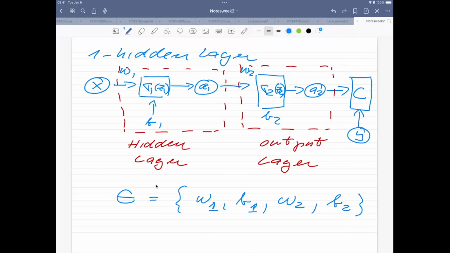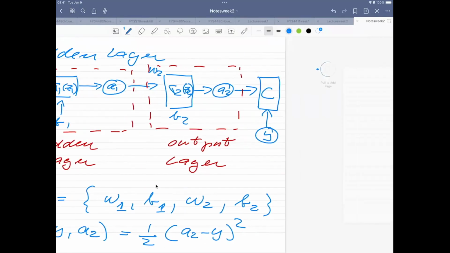And in this specific case, the cost function is going to depend on the target values and this variable A2. And again, it's going to just be a function of a single variable, A2 minus Y squared. So then we need to start with the derivatives at the output layer. And then everything I'm going to set up now is just a repeated usage of the chain rule.